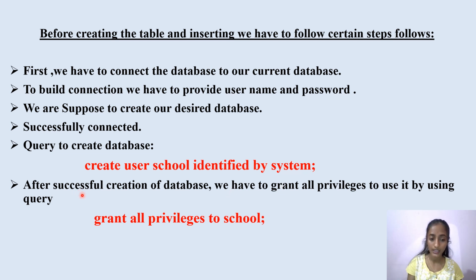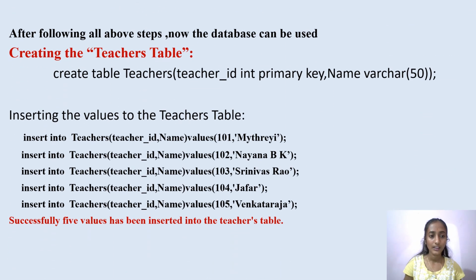To get access to our database, we have to take a grant from the database, where I used this command: grant all privileges to school. After following all the above steps, now the database can be used.